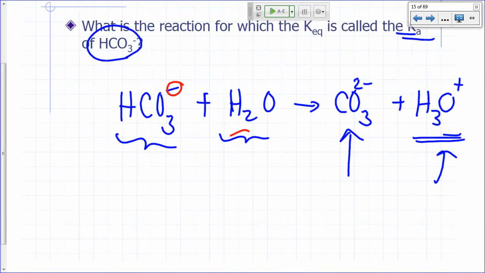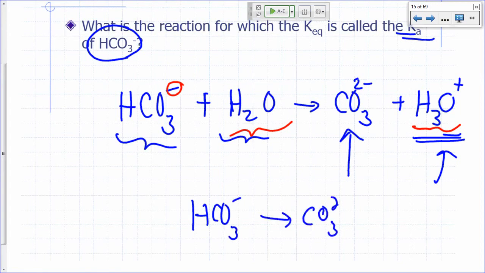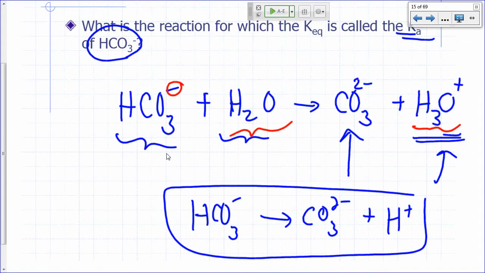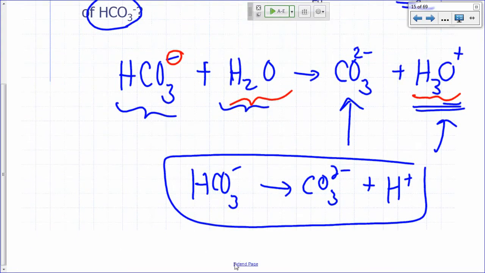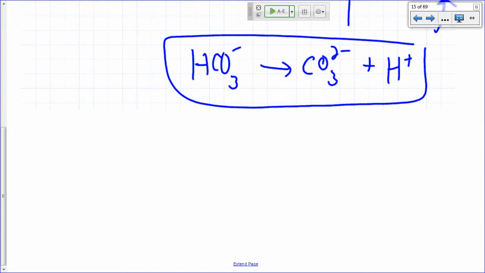How can we abbreviate this? You can leave out the water and just abbreviate this as H plus. So you can say HCO3 minus yields carbonate plus H plus. What's the expression for Ka for this, the equilibrium constant?